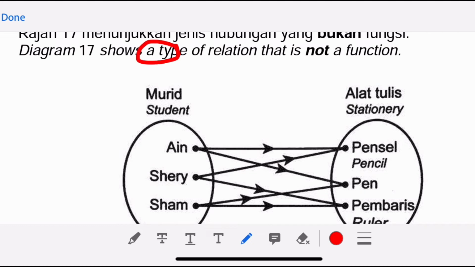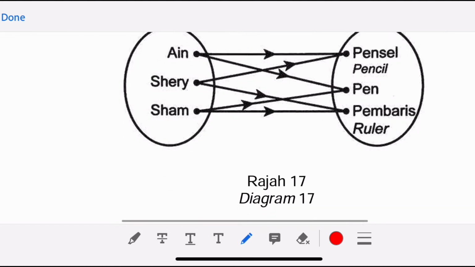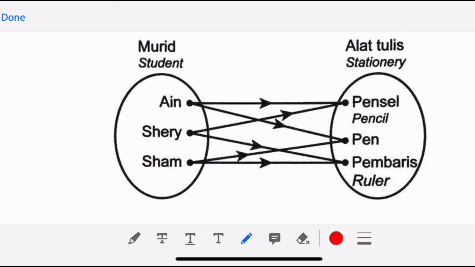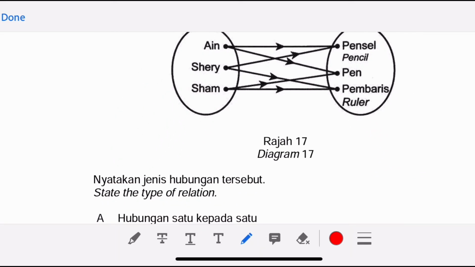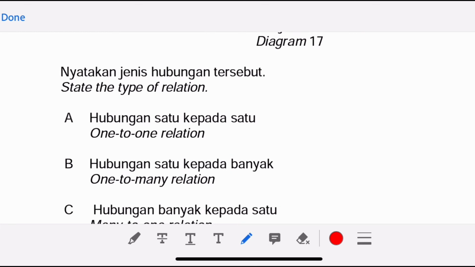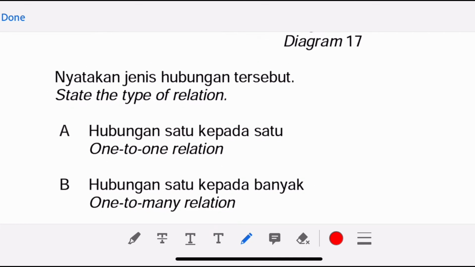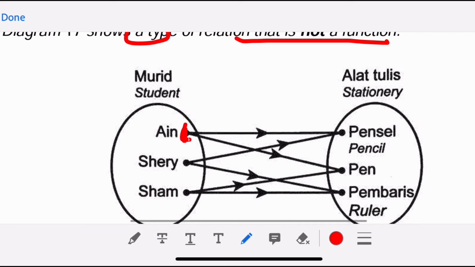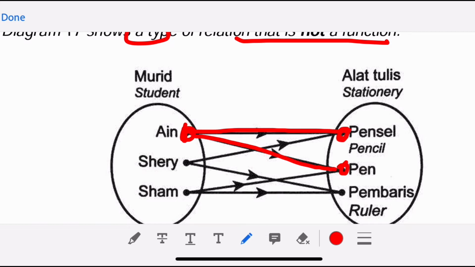Type of relation is not a function. So we have students and the stationery. Okay, we're asked to state the type of relation. It seems like one object has two images, right?